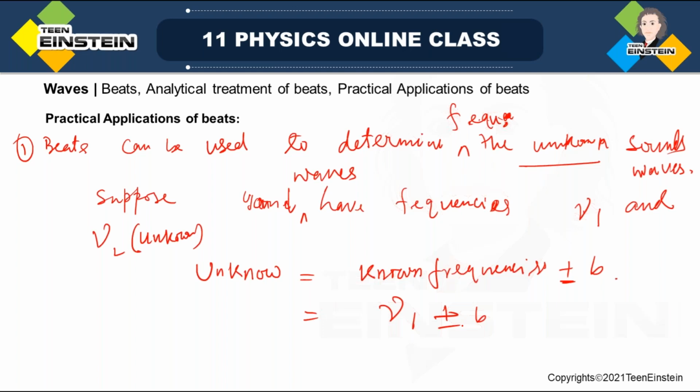If the beat frequency upon loading the wax decreases, then you have to think the other way around. I'll just take up an example. So this is nu 1 plus or minus b.